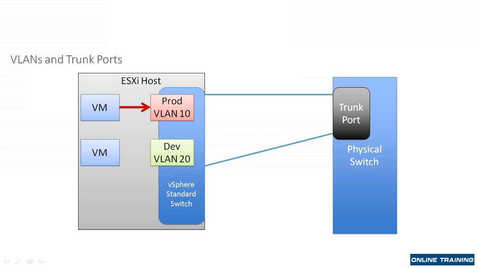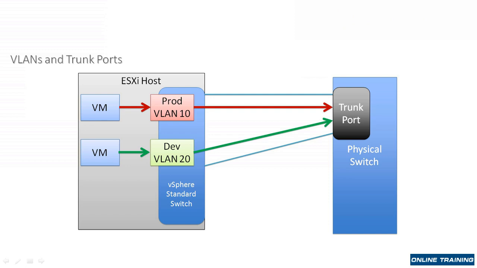And if that VM is trying to communicate with the other VM, that traffic is actually going to have to flow out the physical network to a switch, hit a router that can route between VLANs, and eventually that traffic will flow back in. Right? And that's kind of how our VLAN segmentation works with a virtual switch, is each VM will connect to a port group.